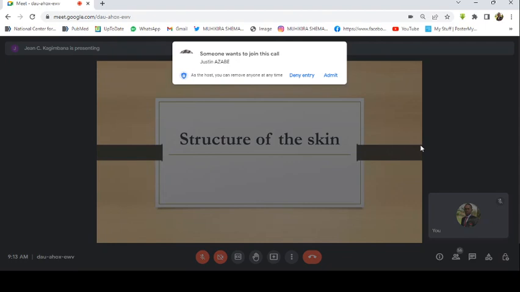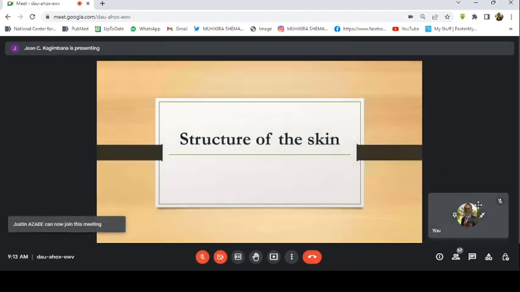Everyone has his copy. I think the rest of the content, as clinical conditions of dermatology, we will just be using this guide.